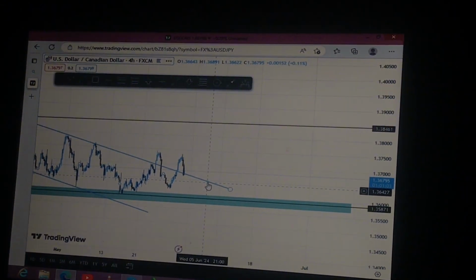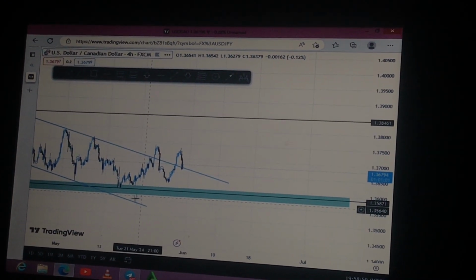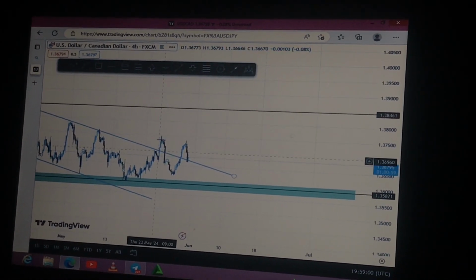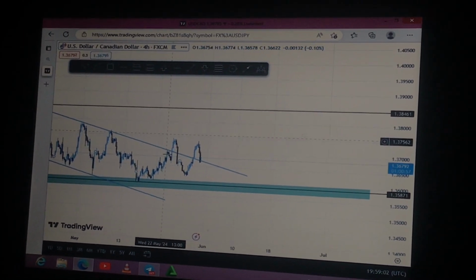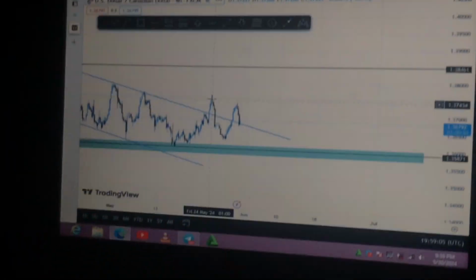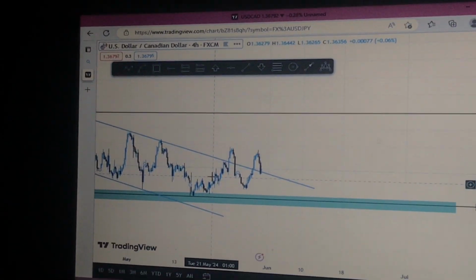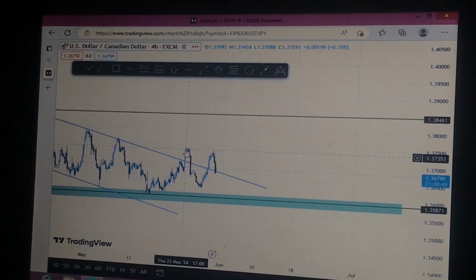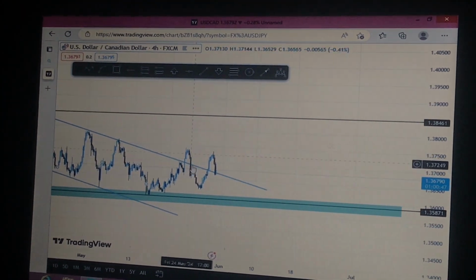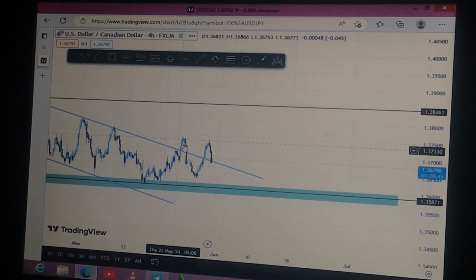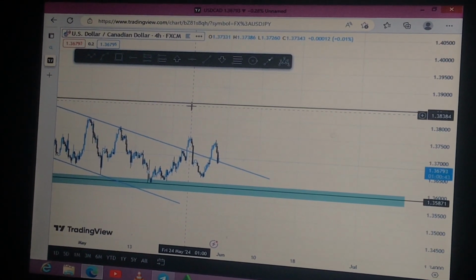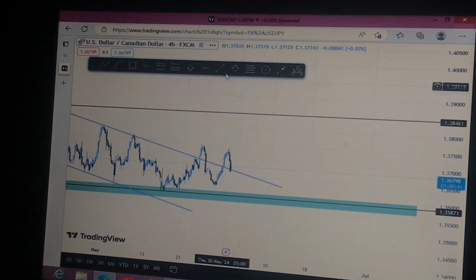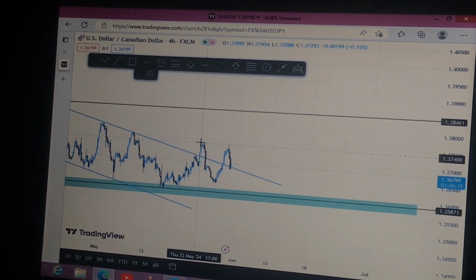On my 4-hour time frame, I saw the market gave us a fakeout. This was a fake breakout. It trapped too many people. So imagine you are trading, and the market breaks this trend, and then you enter your trades. When you enter your trades, the market comes back down, when you thought it had to go back up. So there was actually a pattern right here.